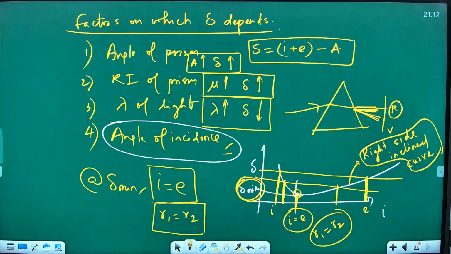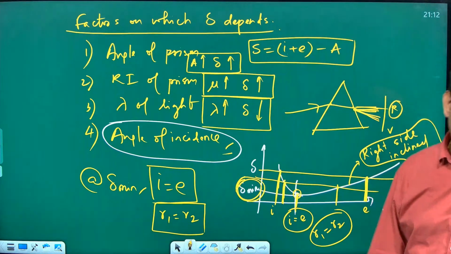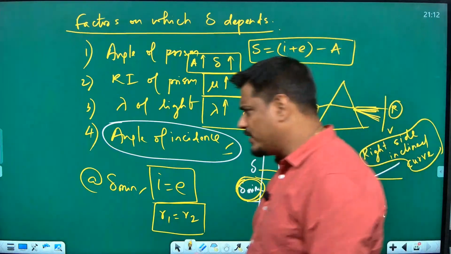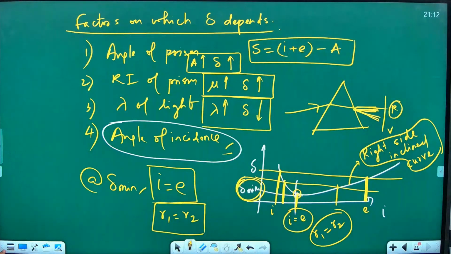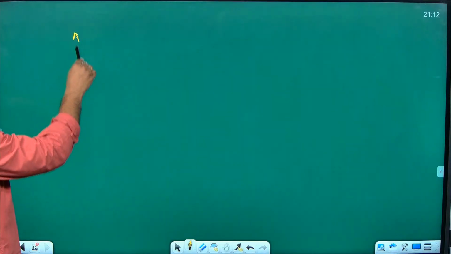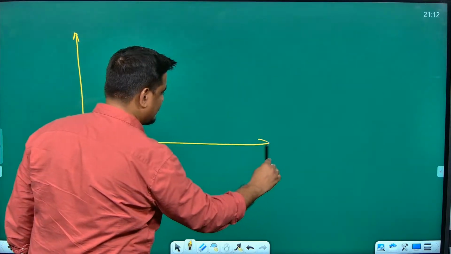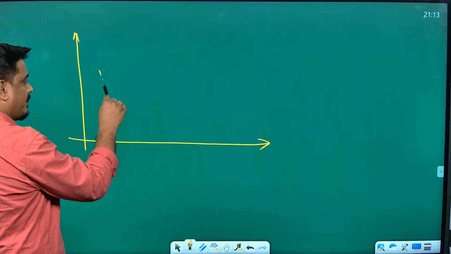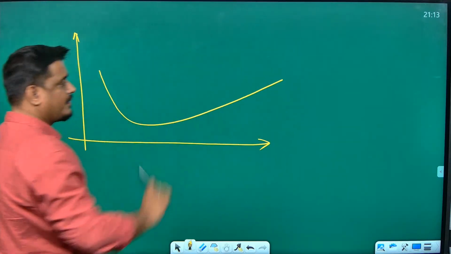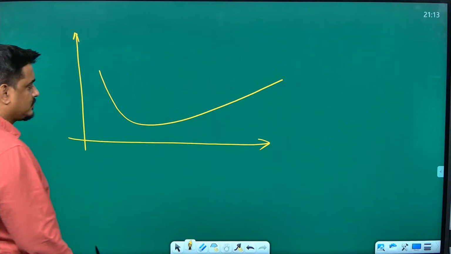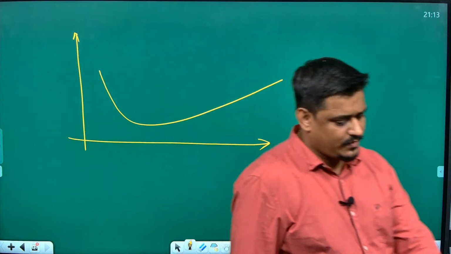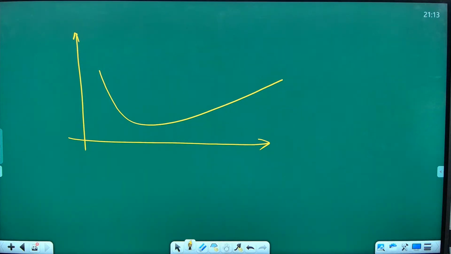Take this question. Interesting question. As I said, this question has come in NEET earlier, but it can now come in a school exam also. Please, all of you pay attention. The graph is not given in the question, I have drawn it for you.